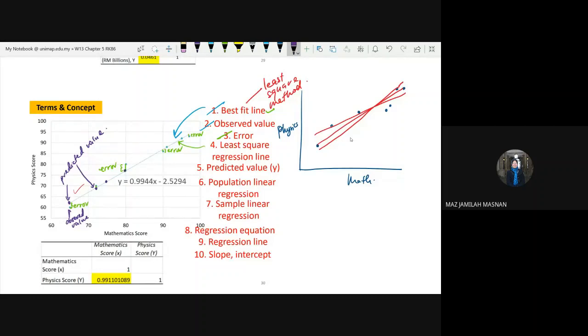Here also predicted value, here also. Any point on the line is what we call the predicted value of y using our x.